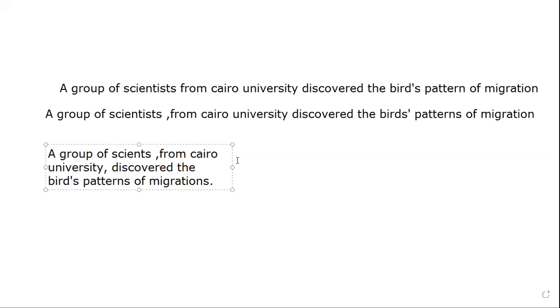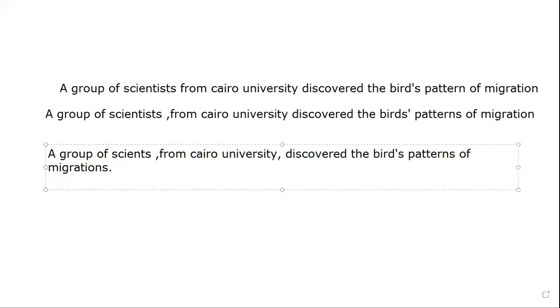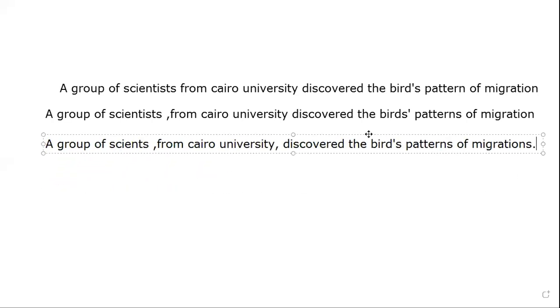There is one sentence wrong here. Which one? We have two sentences correct and one sentence wrong, wrong in punctuation.